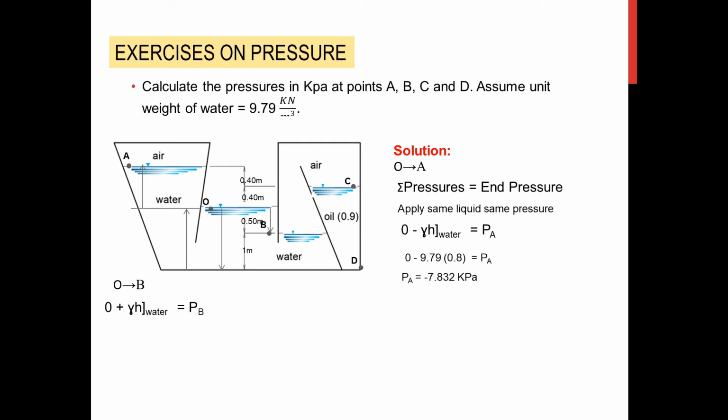So we start with the exposed portion, that is 0, plus gamma H of water, and the end pressure will be equal to pressure at B. We substitute the value of gamma, 9.79, and the height involved here from O to B is 0.5. And then from that, we can derive pressure at B equivalent to 4.895 kilopascal.